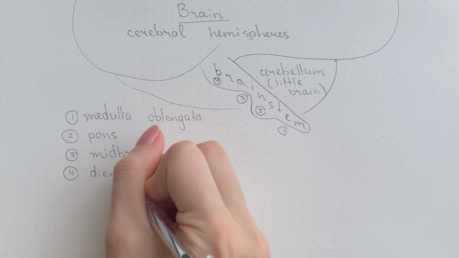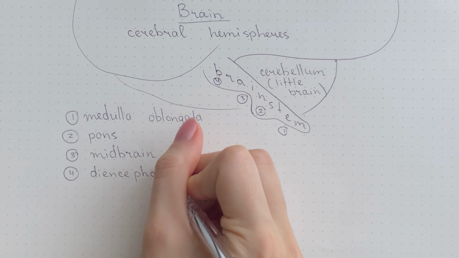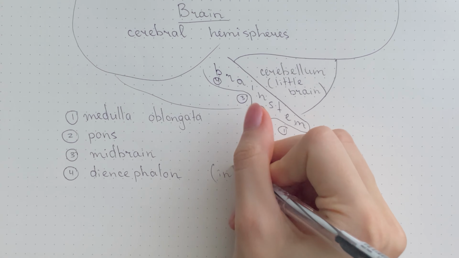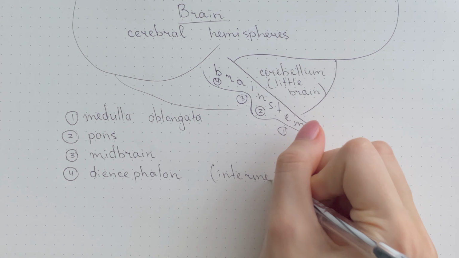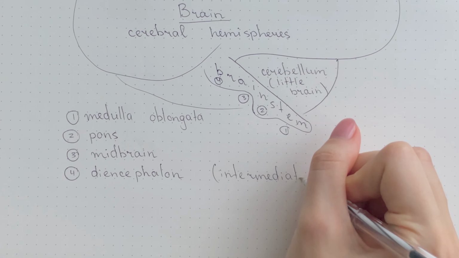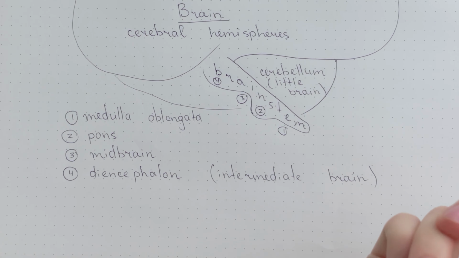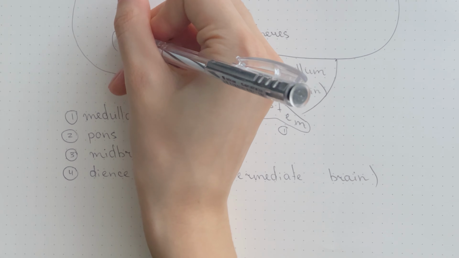It means intermediate, and it is called that way because it is located between the hemispheres. From it, during embryonic development, two large hemispheres grow to the right and to the left. They are also called the telencephalon, which means the final brain.